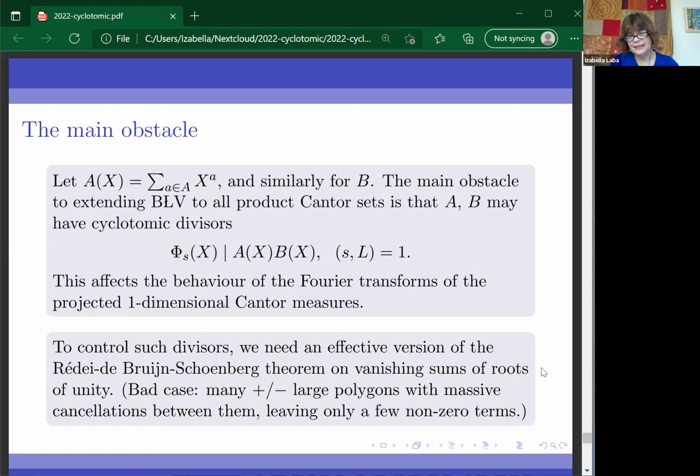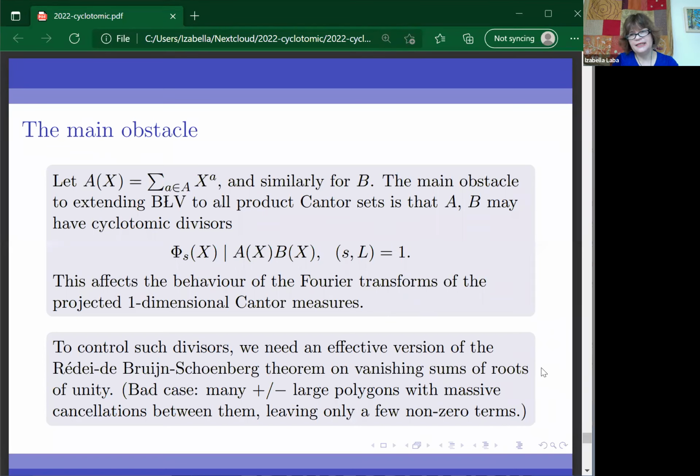So the enemy is basically the case when we have a lot of polygons with large primes involved, with a lot of cancellations between them. So many complicated structures with a lot of cancellations adding up only to a few non-zero terms. And this is the sort of thing that we do not want to have.